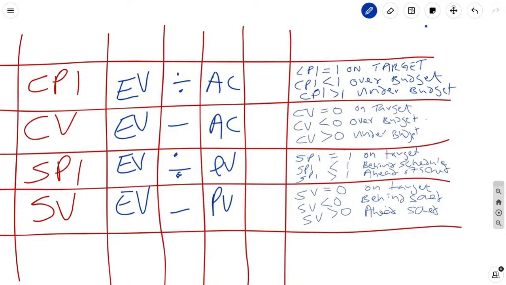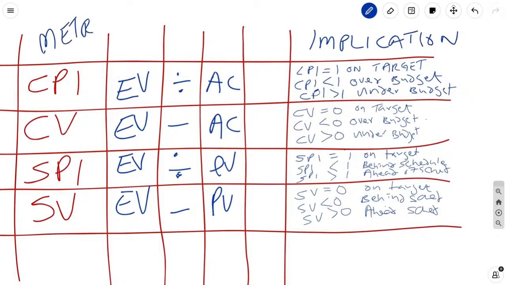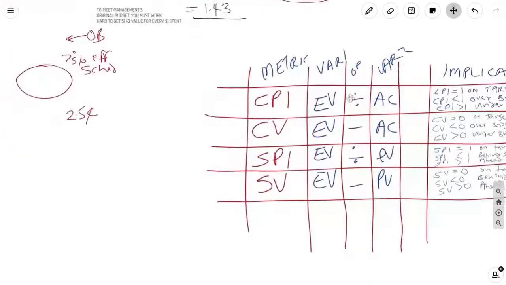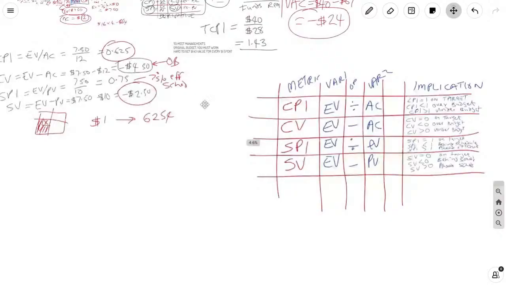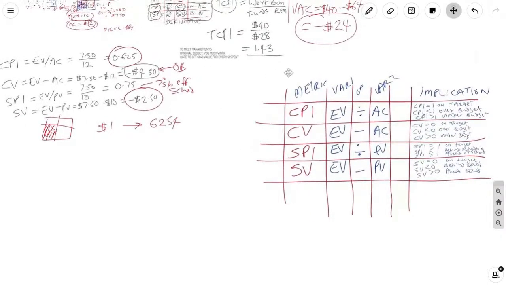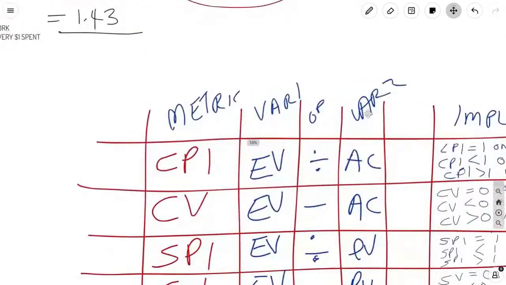Okay, so we could say this is the implication, and this is the metric, and these are the variables. This is your first variable, this is the operation, and this is your second variable. So in the case of our work on that problem here, we got a 0.625, a negative 450, a 0.75, and a negative 250.